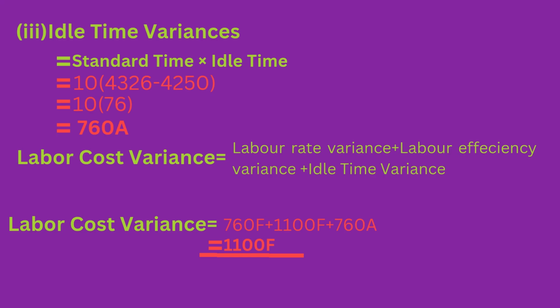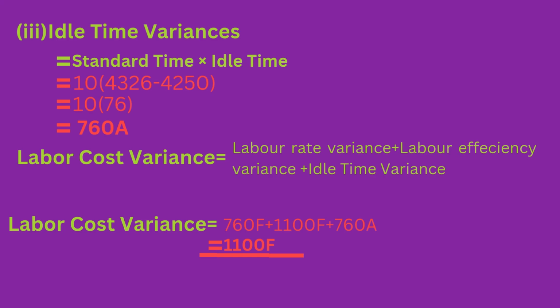So our labor cost variance will be equal to labor rate variance plus the labor efficiency variance plus idle time variance. In our labor rate variance, we got 760 favorable, plus labor efficiency variance, we got 1,100 favorable, plus idle time variance, we got 760 adverse.